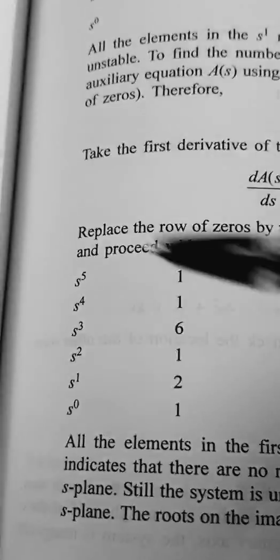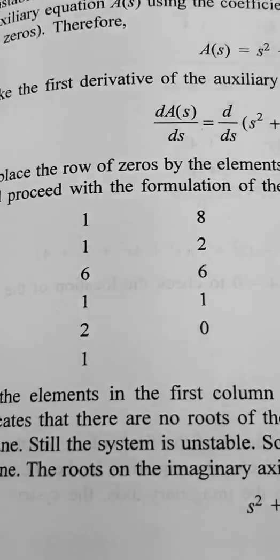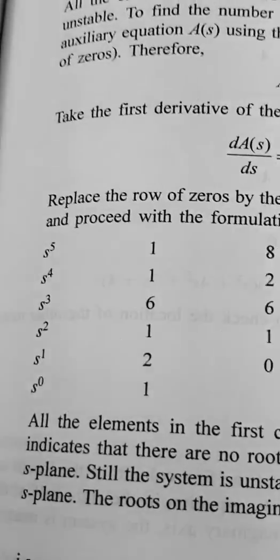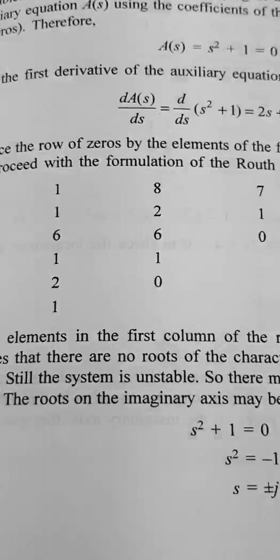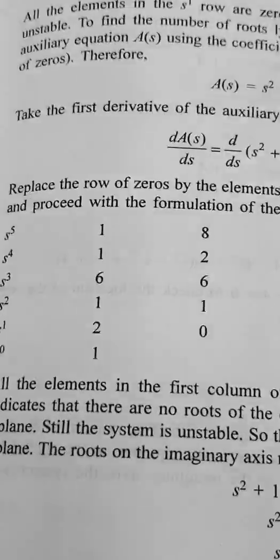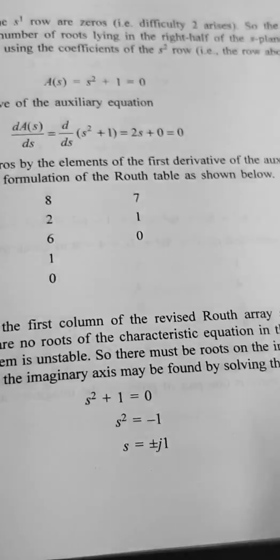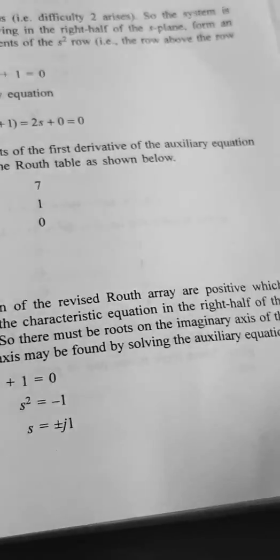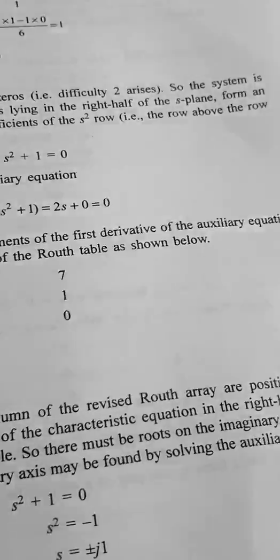Now when you are analyzing, all the terms in the first column are positive. If difficulty 2 occurs, then you can tell that the system is not stable. The system is not stable, and there are no roots of the characteristic equation on the right.